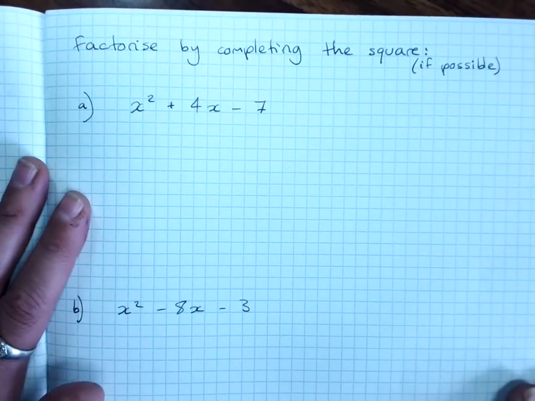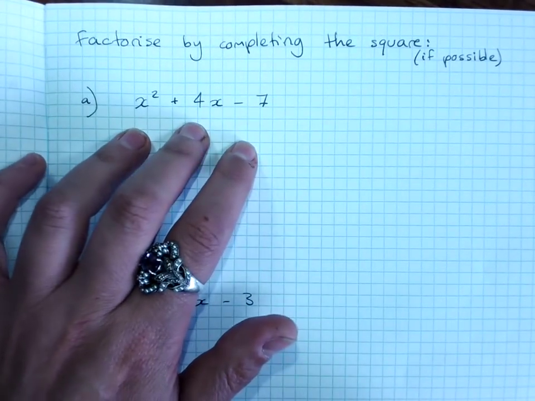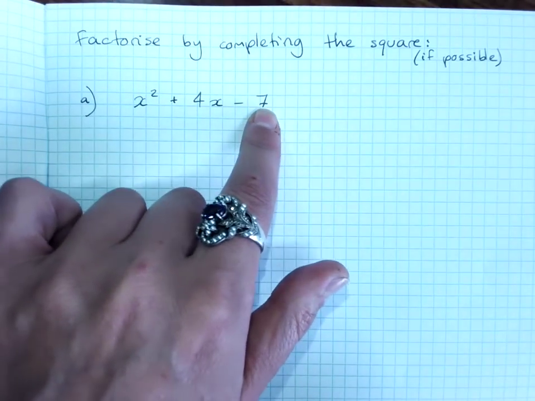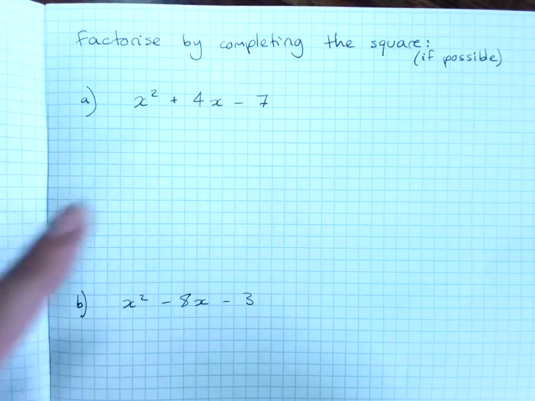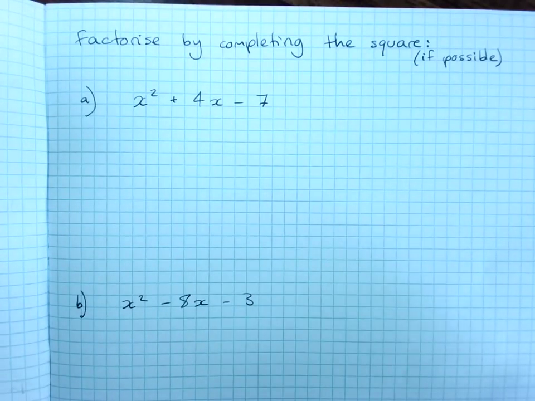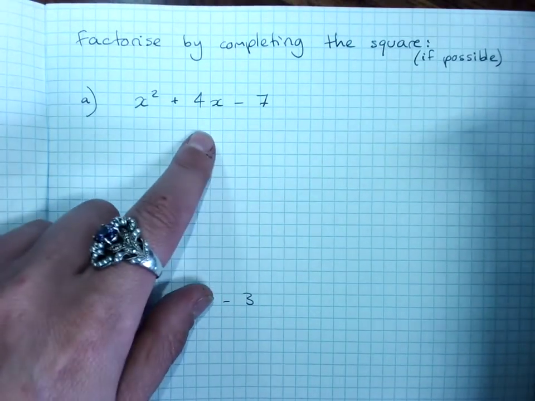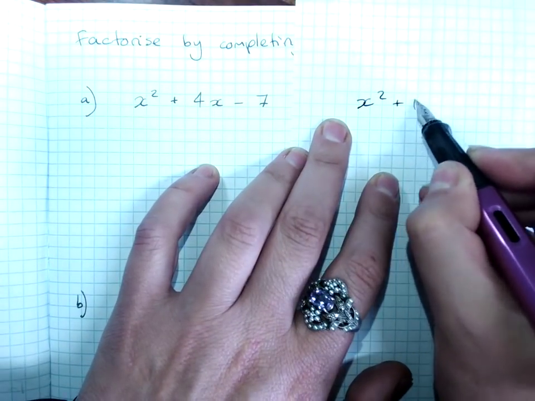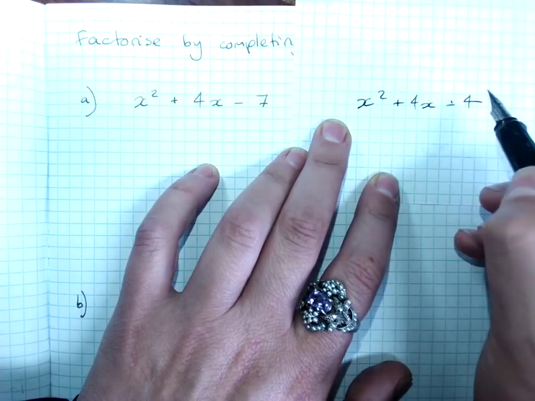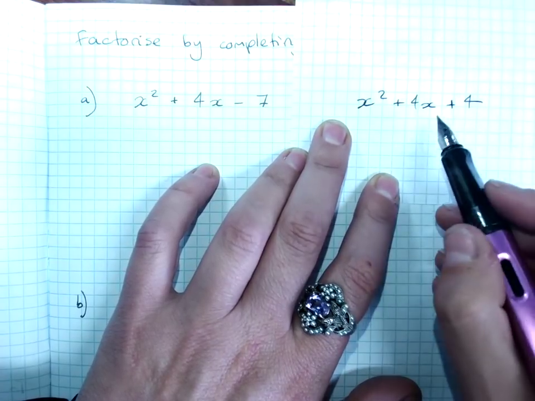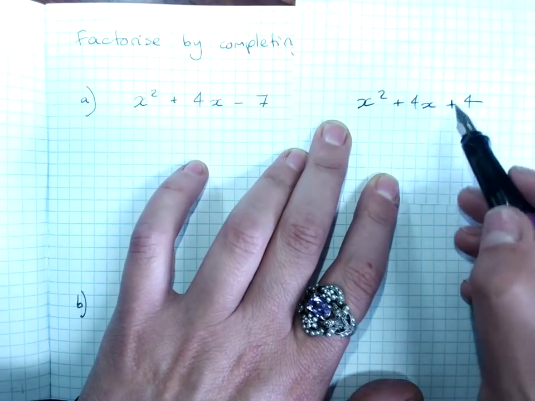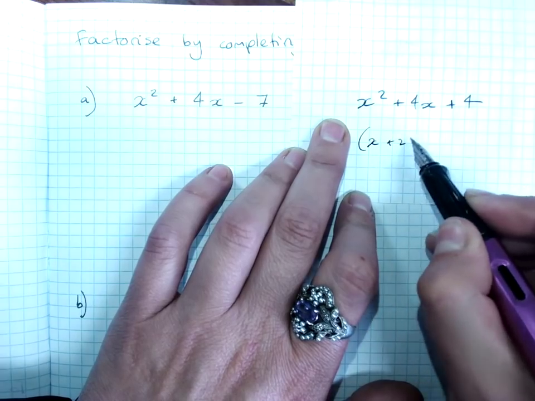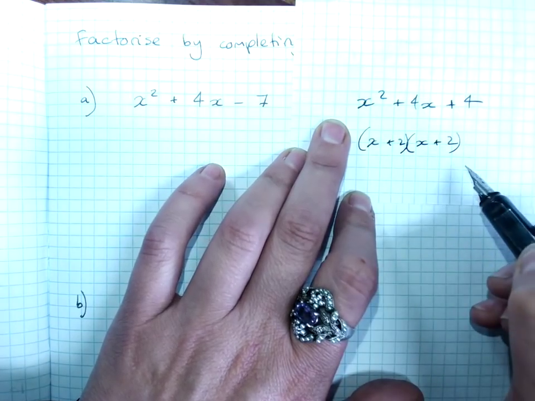We use this to factorize expressions that we can't factorize just by inspecting because we don't see a nice easy factor. Normally, if this was a nice helpful x squared plus 4x plus 4, you'd look for factors of c that add to give b, and you'd go, hey look, it's 2, x plus 2, x plus 2, I've factorized it.